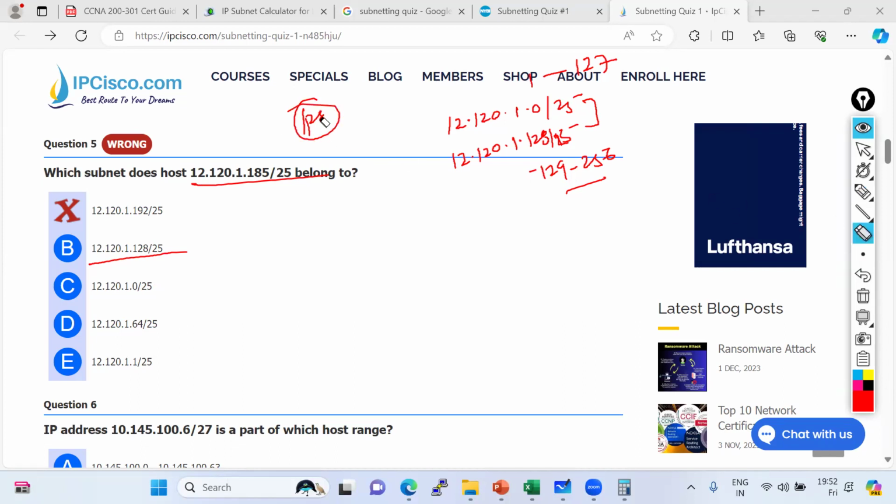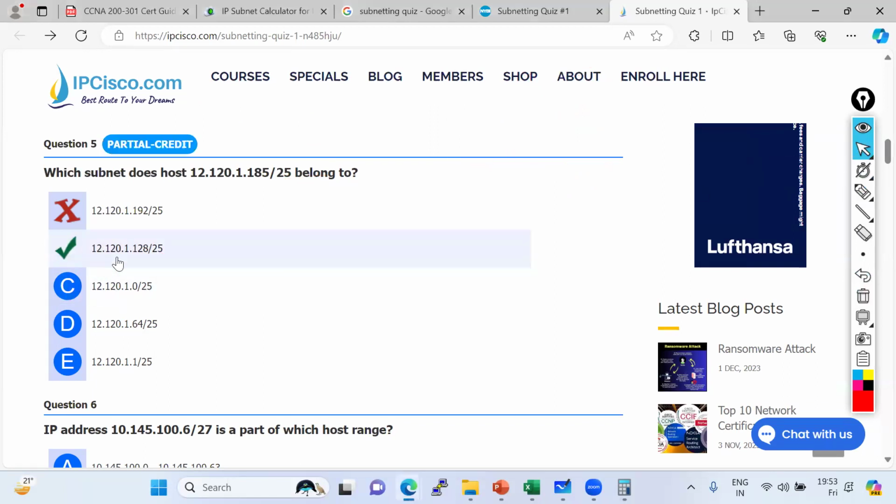So this 128 has been split into two parts, 0 to 127 and 129 to 256. This is split from the /24. So this should be the correct answer. Let me show you. See, this is the correct answer, because this is the subnet.